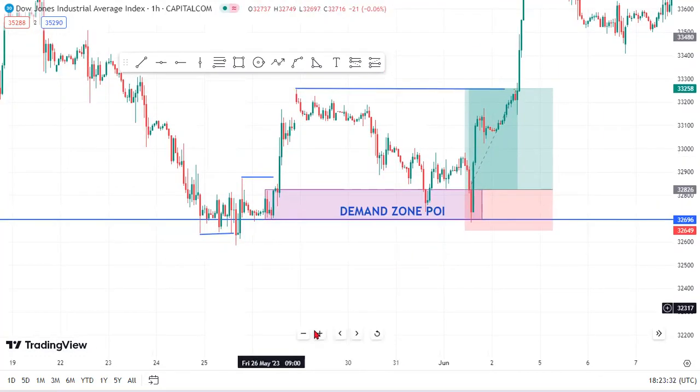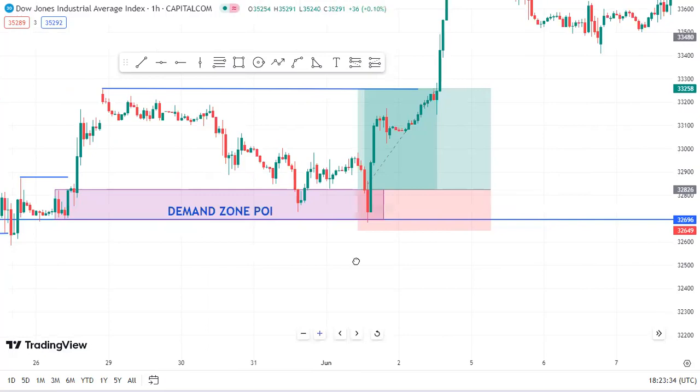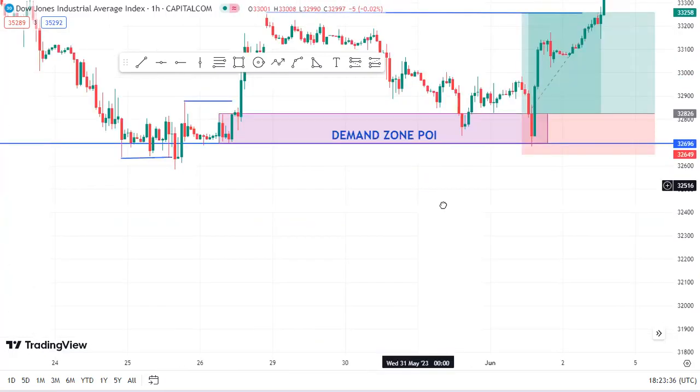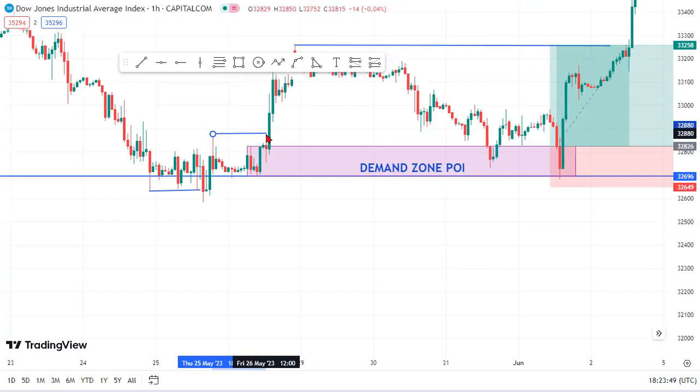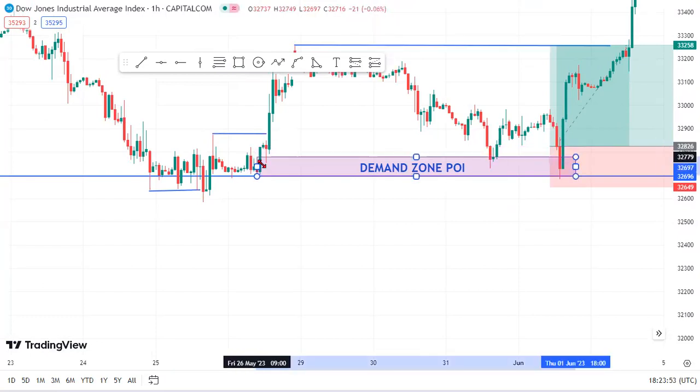So let's get to it. We're looking for the candle that broke our zone, the candle that broke our high. This was the high. So let's modify it to this is the last.